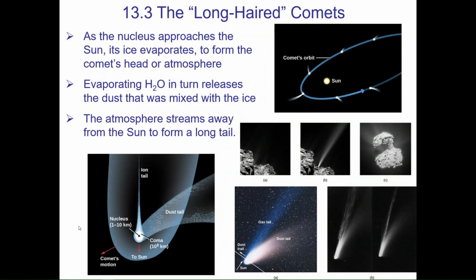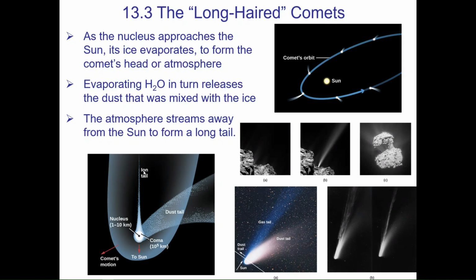If you look at this image, it gives you a little bit of a breakdown of the comet structure. You can see the dust tail usually is not straight. Instead, it is brighter, but it is curved. And other than the dust tail, you can of course have the gas tail or a smaller ion tail.